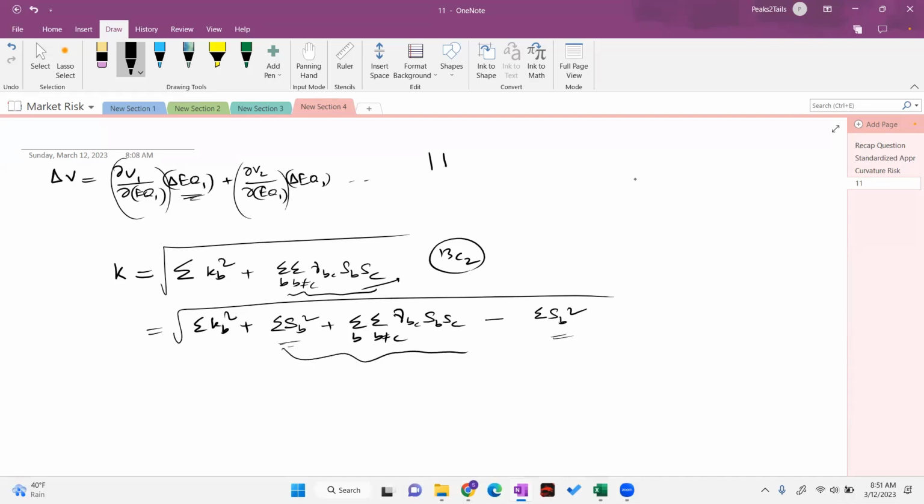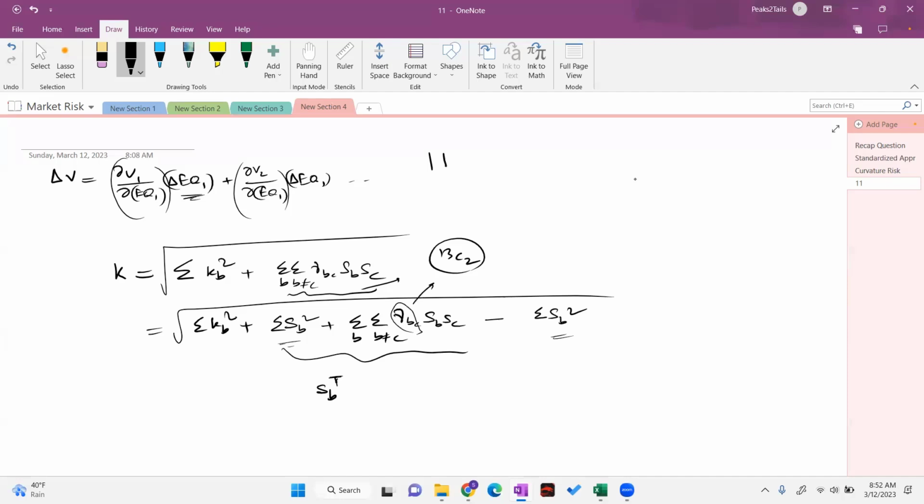This part is the Markowitz portfolio variance formula, right? So we can use matrix multiplication. SB vector transpose, gamma BC variance covariance. This correlation matrix, I already have it in my Excel for all three scenarios: high, low, and baseline.